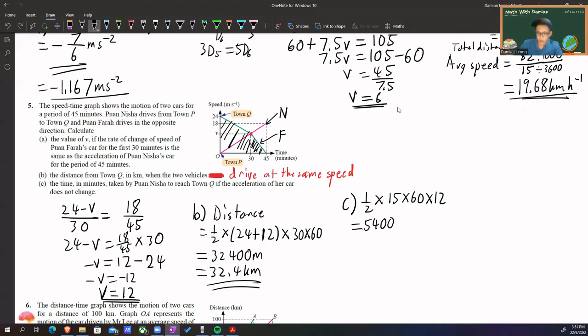This is in meters. You can use meters, you can use km, it's not really so important. Let's use meters, so I don't need to convert the unit for the other one.